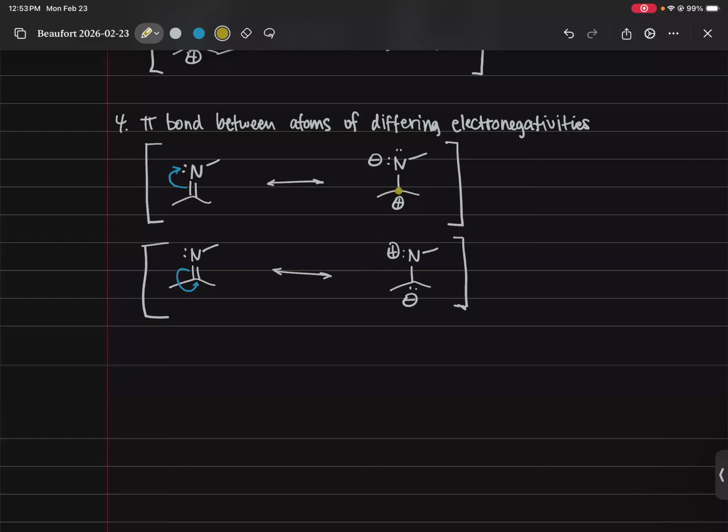There's only 6 electrons. Again, not an issue, but it'd be nice to have a full octet. That carbon only has 6 electrons, and actually same goes for the nitrogen at the bottom. But the main thing is that the more electronegative atom would like to have those electrons.